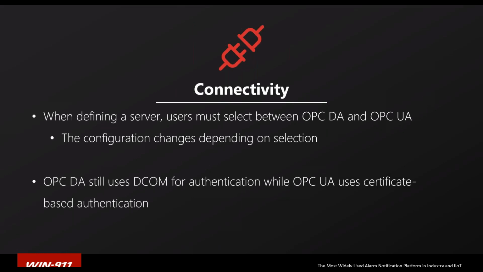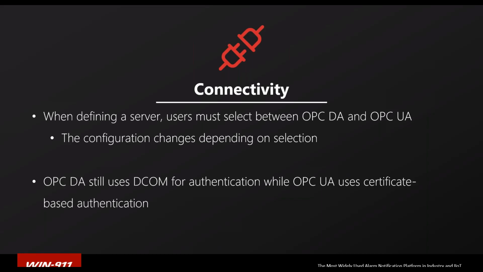For connectivity, it's pretty obvious what you have to do here. When you set up a new server, you have to choose: do you want to connect to an OPC DA server, or do you want to connect to an OPC UA server? For those who don't know, the major difference is the security model. OPC DA is the OPC DA Classic servers, and it's still using DCOM.